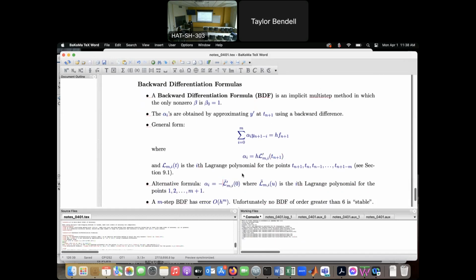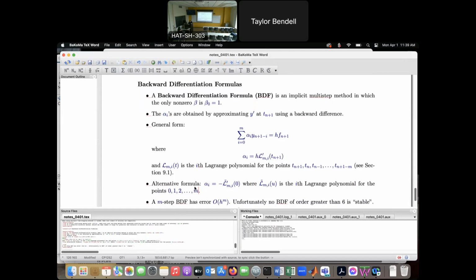So there's a nice analogy here between Adams versus BDF. For Adams methods, the betas are the integrals of Lagrange polynomials interpolating at 1, 2, up to m, or 0 to m for the implicit case. Oh, sorry, I goofed here. This should be 0 up to m, not 1 to m plus 1.